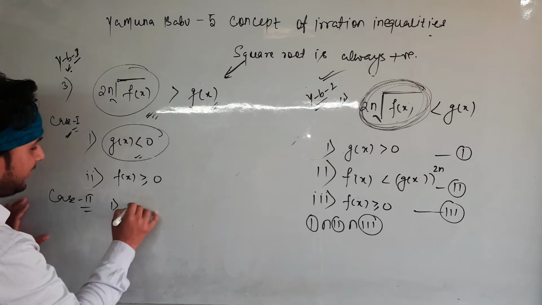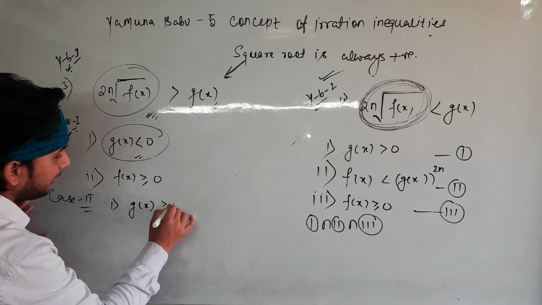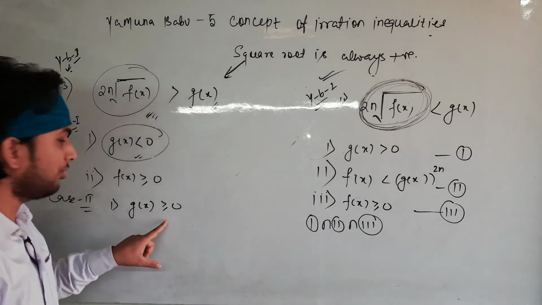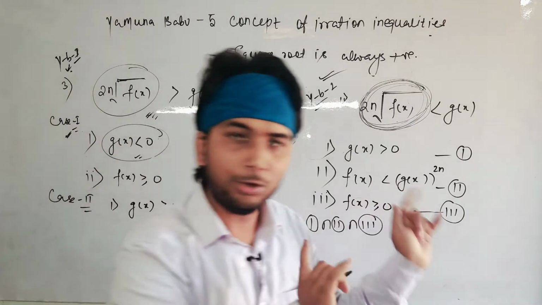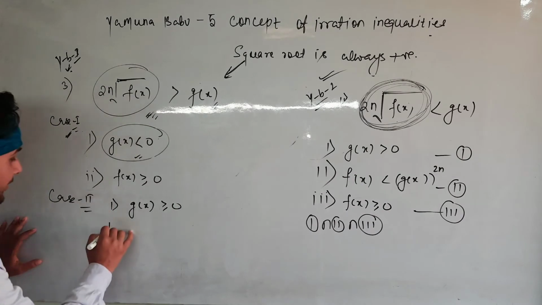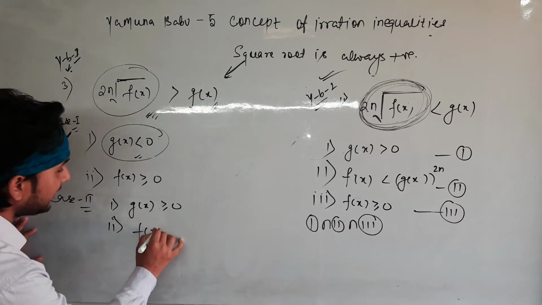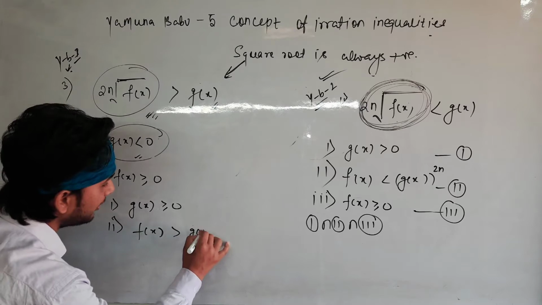If you take g(x) greater than or equal to 0, it means g(x) is non-negative. It means that f(x) is greater than g(x) whole square.